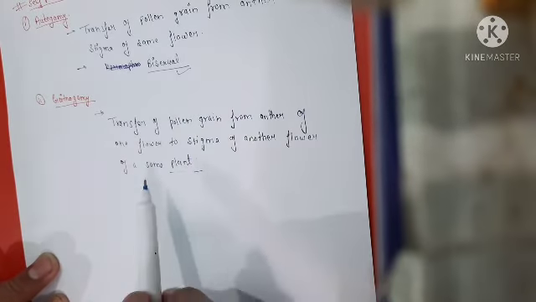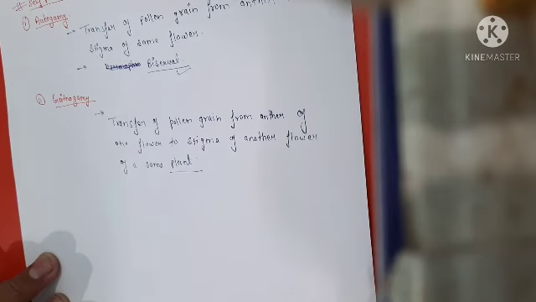Okay friends, in geitonogamy, there is transfer of pollen grain from anther of one flower to the stigma of a different flower of the same plant.